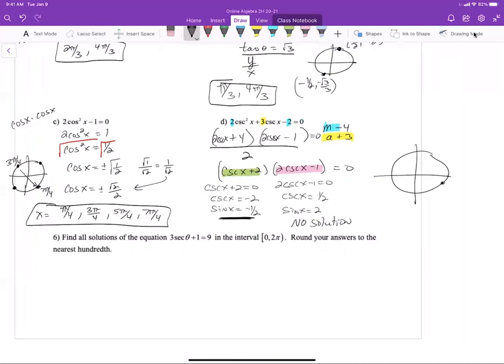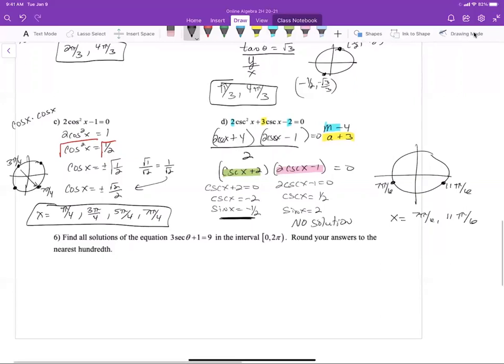So I need a short angle. That's pi over 6 angles. This one's going to be 7 pi over 6. And this one's going to be 11 pi over 6. Yep, that's the answer. So x is equal to 7 pi over 6, comma, 11 pi over 6.